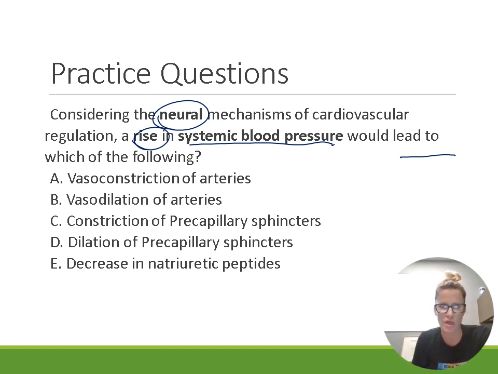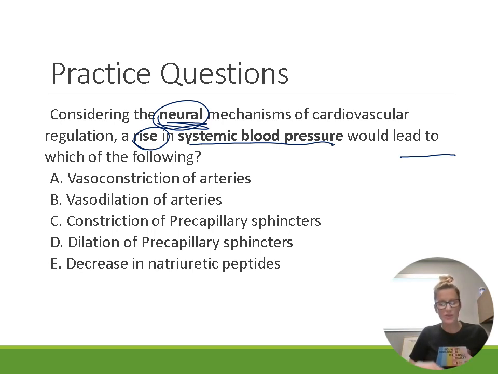The person who wrote the test isn't going to do that for no reason. So in this case, the question is specifically asking about the neural mechanisms of regulation. Remember, there are all different levels of regulation of our cardiovascular system, like controlling blood volume, blood pressure, blood flow.